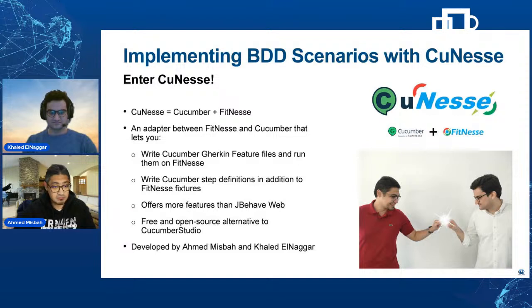And you get this nice web interface, which will address our problem statement. This adapter was developed both by me and Khaled ElNaggar. I have to be honest, I was more acting like a product owner and a test engineer for this tool. Khaled did all of the coding. But it was a collaboration between both of us.